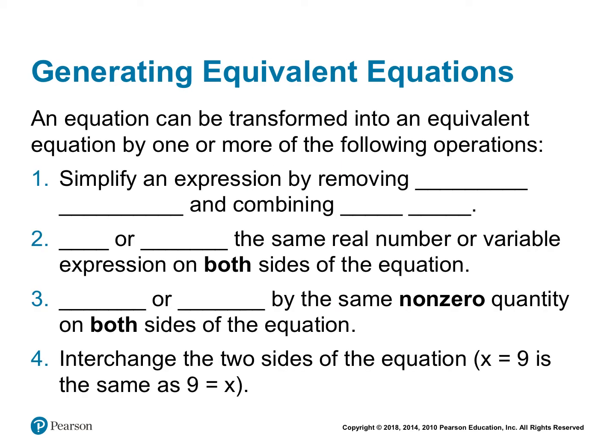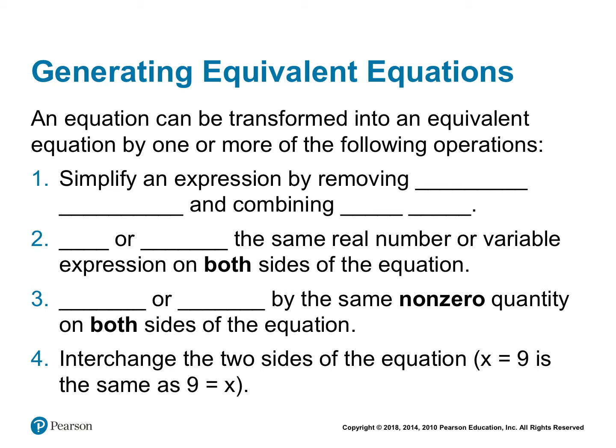So we're going to start by learning how to generate equivalent equations. So an equation can be transformed into an equivalent equation by one or more of the following operations. And you guys have done a lot with equations, one-step, two-step equations, things like that. So these steps should look familiar to you.